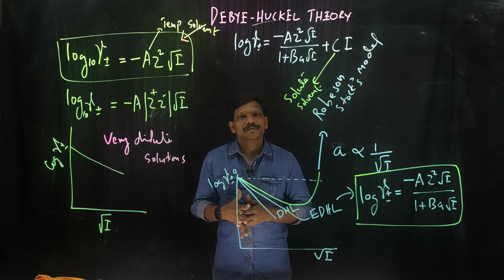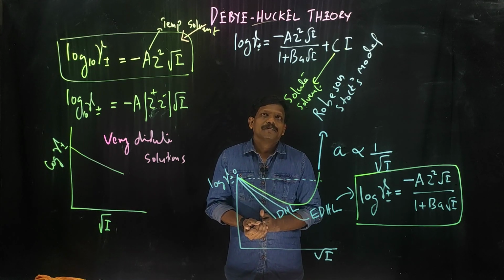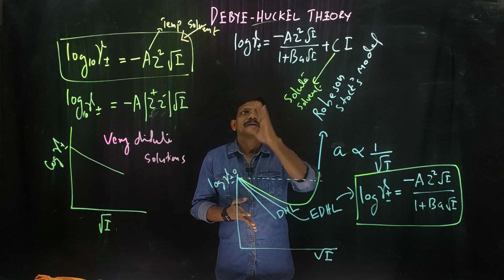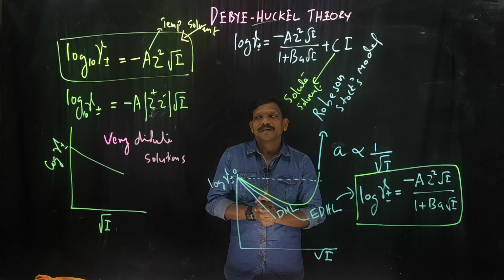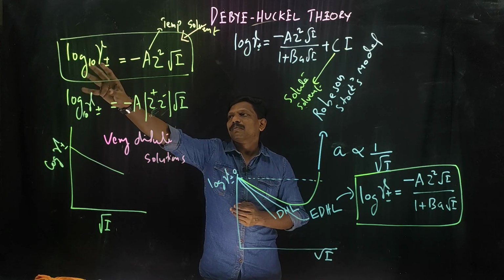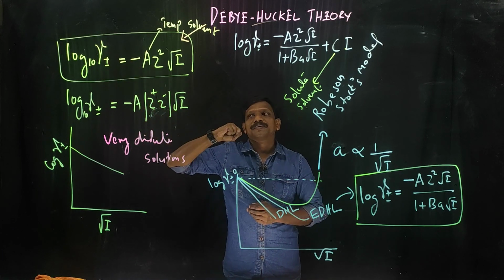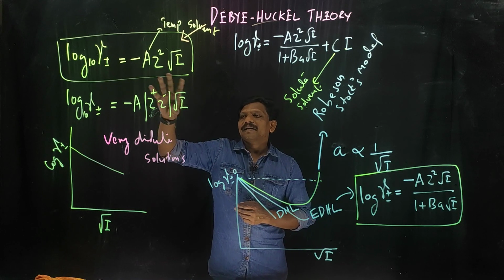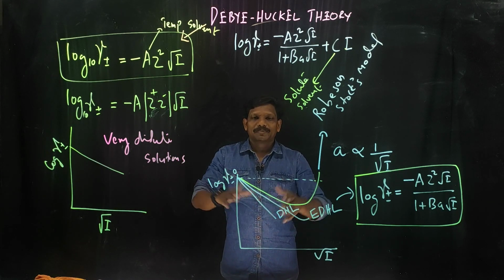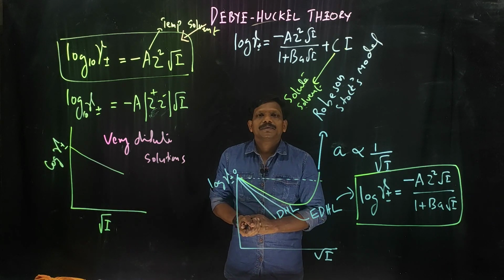So the activity coefficient is a very important term we have to define. That was an attempt by Debye and Huckel, who proposed the theory to find this activity coefficient, and many terms will come. Ionic strength comes from the ionic atmosphere, which I already explained.